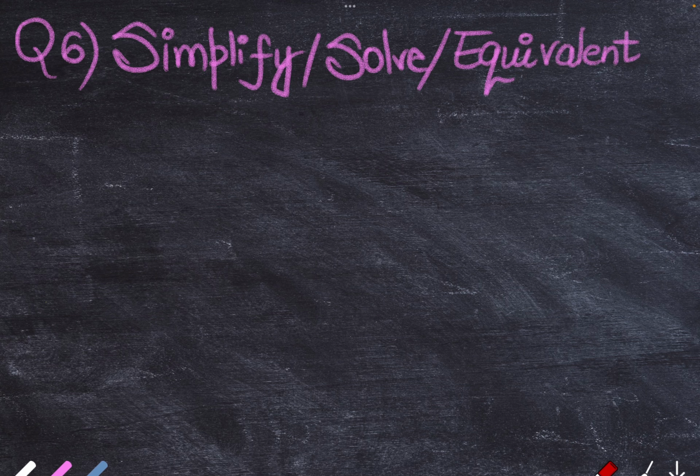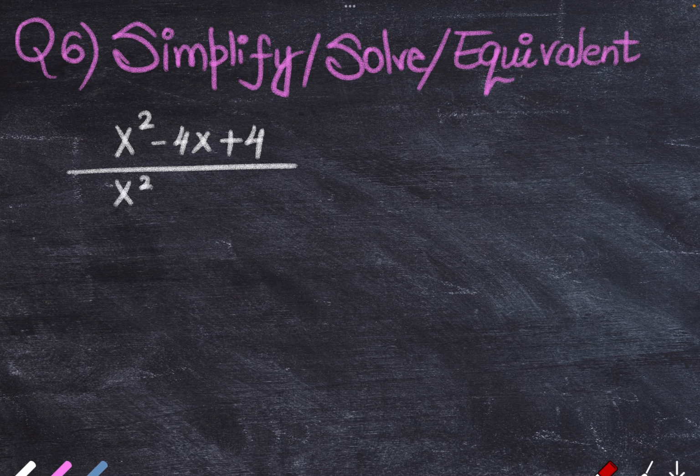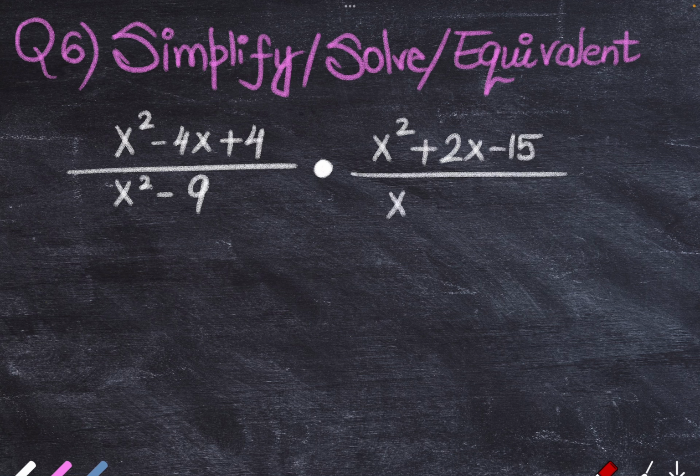So the question is x squared minus 4x plus 4 divided by x squared minus 9, multiplied by, this dot is a multiplication symbol, x squared plus 2x minus 15 divided by x squared plus 6x minus 16. So try doing this question on your own.